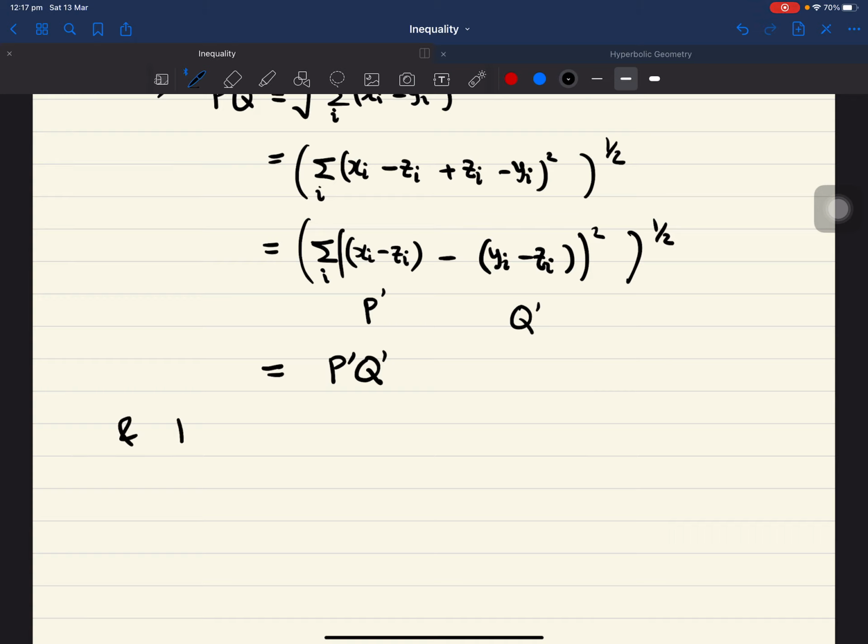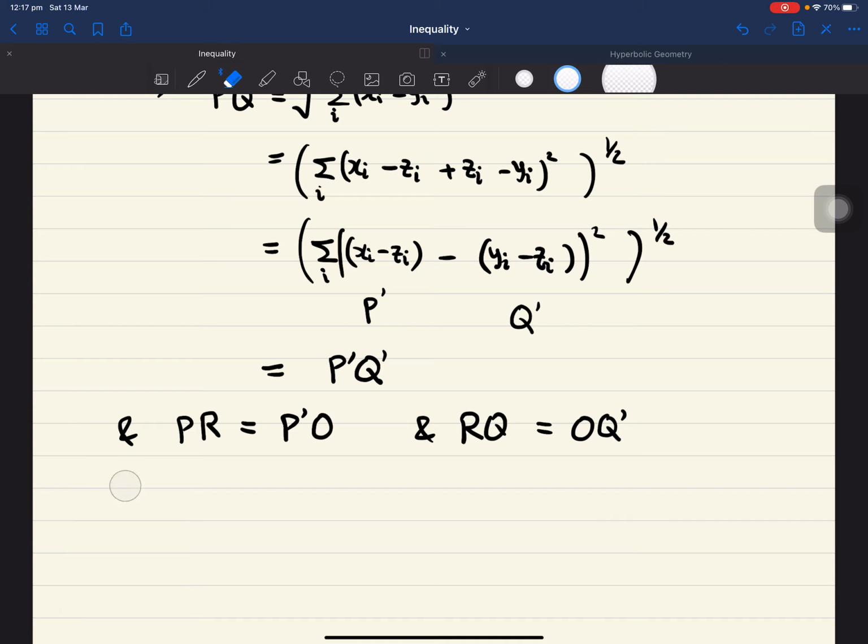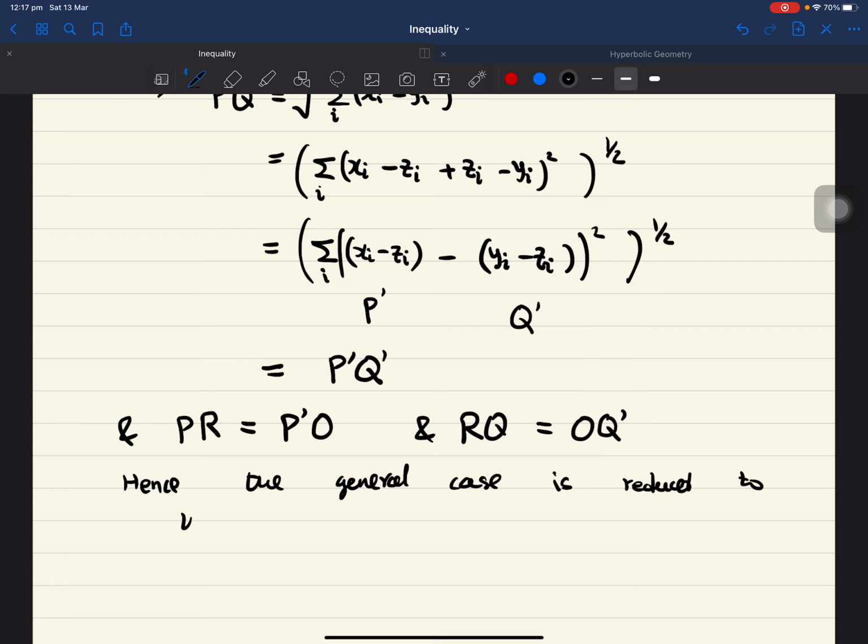And also, we can claim that PR is equal to P dash O and RQ is equal to OQ dash. Hence, the general case is reduced to the first case.